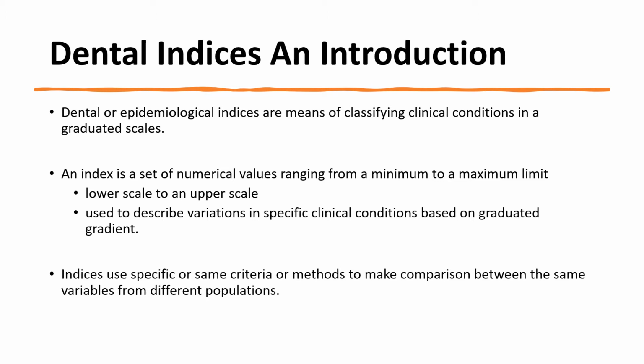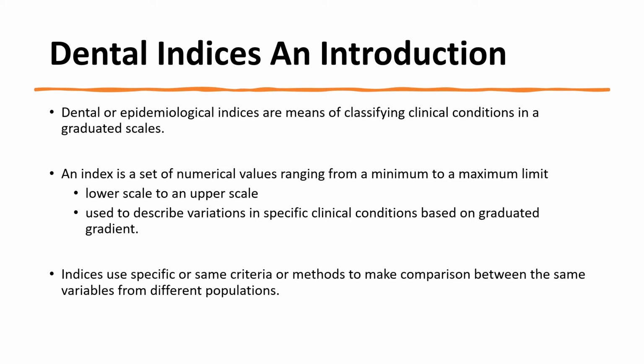So we're using an index, whatever kind of index, to measure any oral diseases. You need a baseline, a minimum limit, a minimum range for the index. Then you set a gradient upon which you can reach a maximum limit, except if there will be any such thing as an infinite limit. That is what an index is used for.